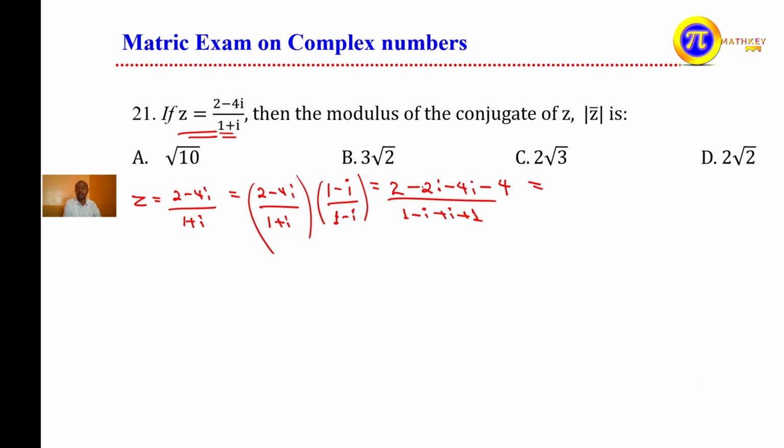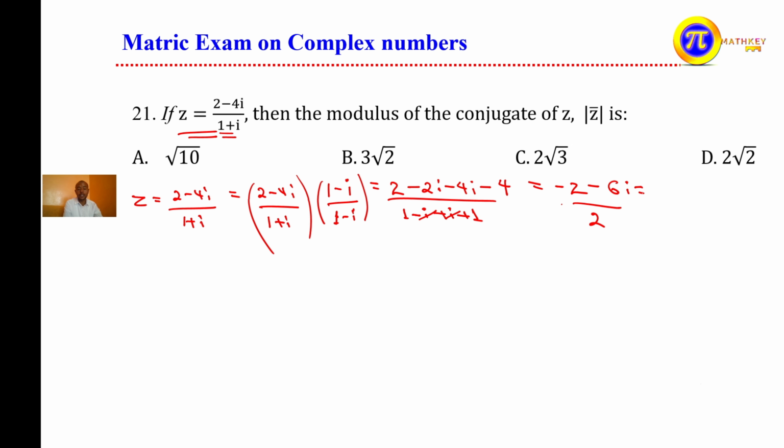Which is equal to, we collect real with real, imaginary with imaginary. So 2 minus 4 is negative 2. Negative 2i minus 4i is negative 6i. Divided by, the denominator becomes 2, since we cancel this one by this one.